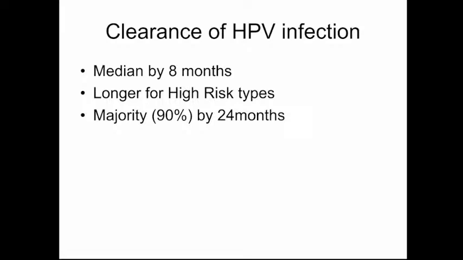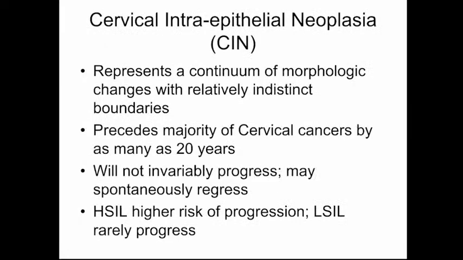Some very elegant studies. So now we come to cervical intraepithelial neoplasia, or CIN, which is really the most important story of HPV. CIN represents a continuum of morphologic changes with relatively indistinct boundaries. So you can't say low grade stops here and the high grade lesion begins here, okay, because it's a biological continuum.